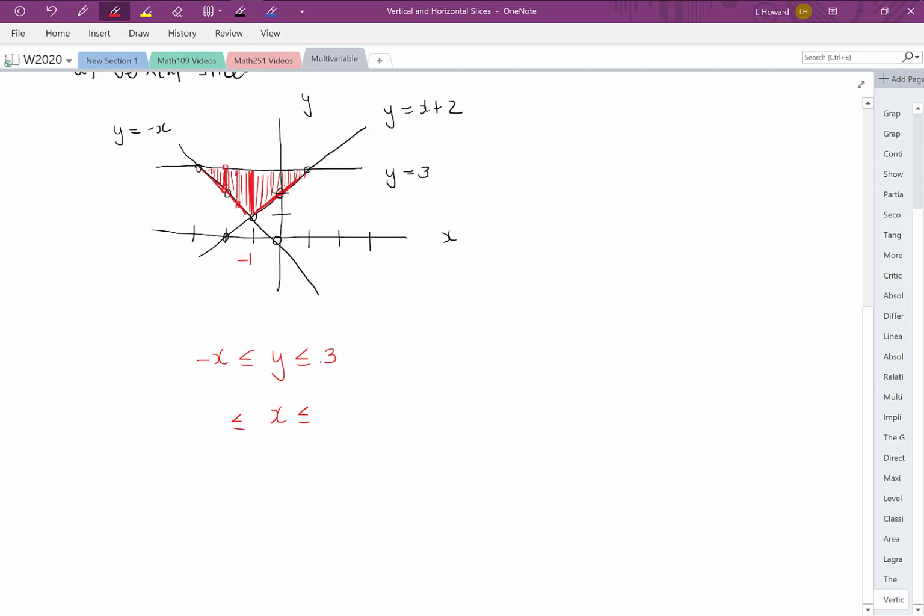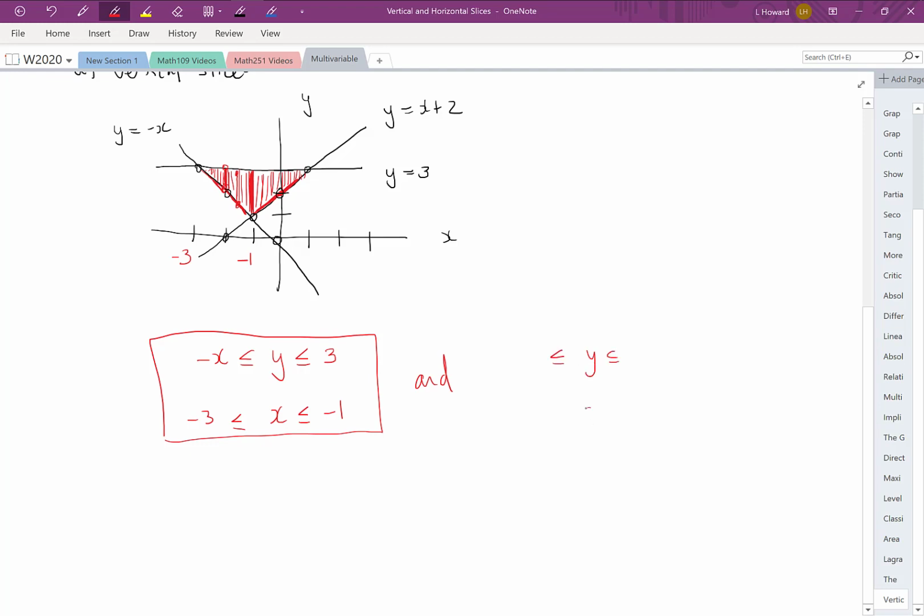So we could say, yes, it's true that y goes from -x at the bottom to 3 at the top, but that would only be true for x values between, let's see, -3 and -1. So that captures part of our region R, and we've also got another set of values over on the right side of this region.